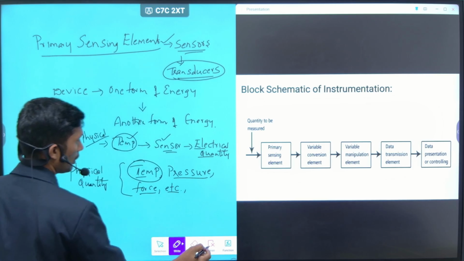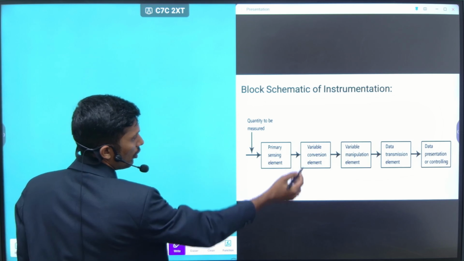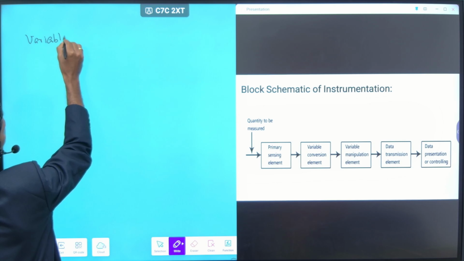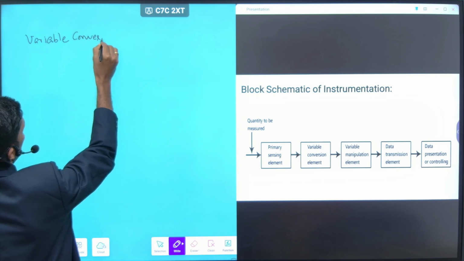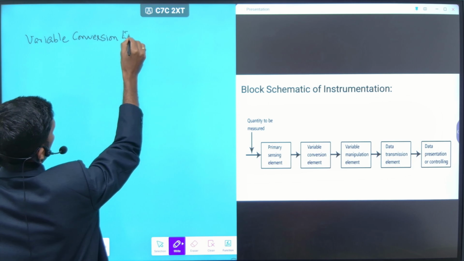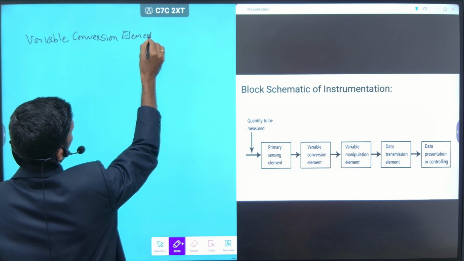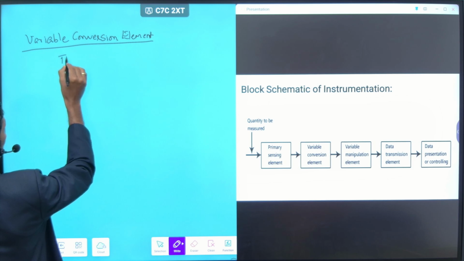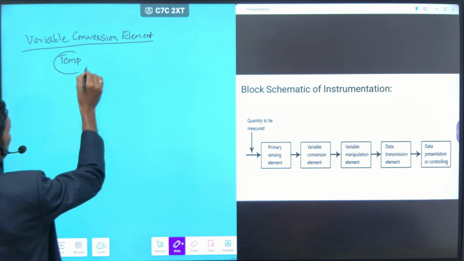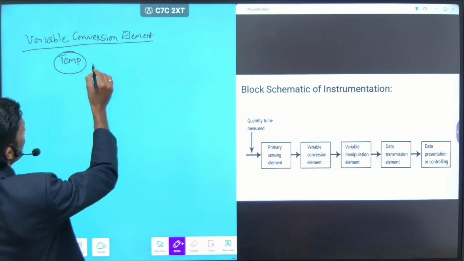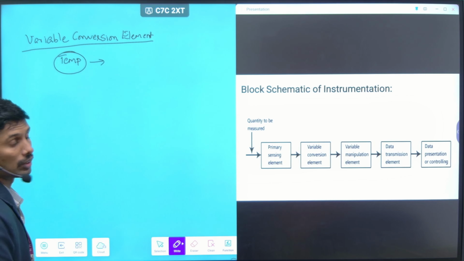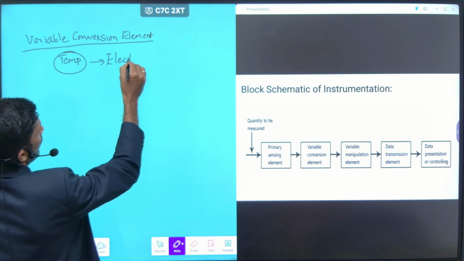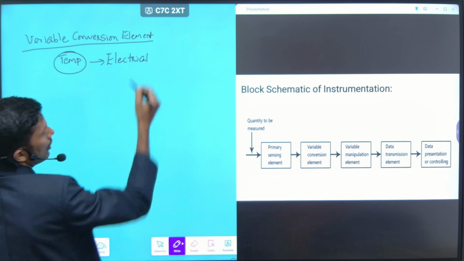So next, the second one is the variable conversion element. In this block, for example, considering temperature again, whatever physical quantity we measure is sensed by the sensor, and that value is converted into an electrical signal.